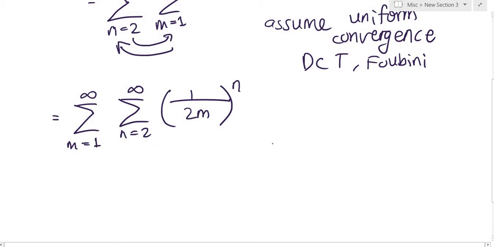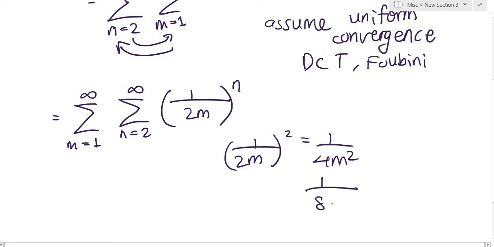So when n is 2, we have 1 over 2m, the whole thing squared, which is nothing but 1 over 4m squared. And then when n is 3, we have 1 over 8m cubed, right? And basically you're adding successive terms because it's an infinite sum.